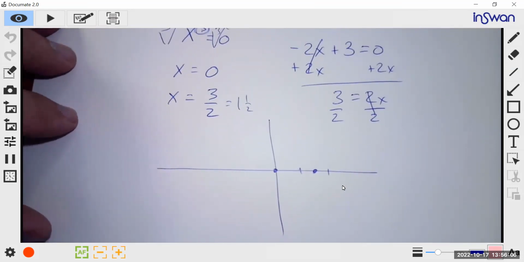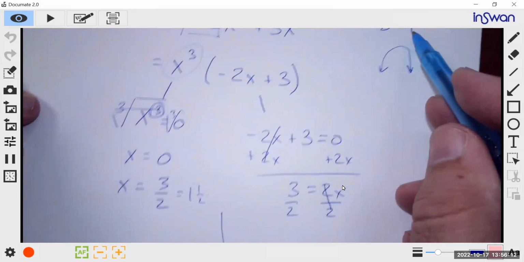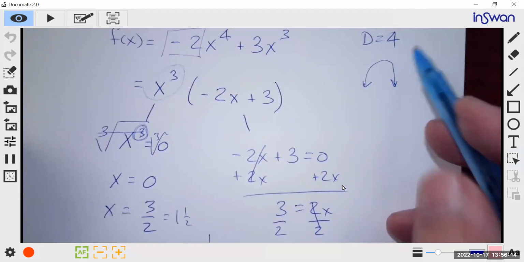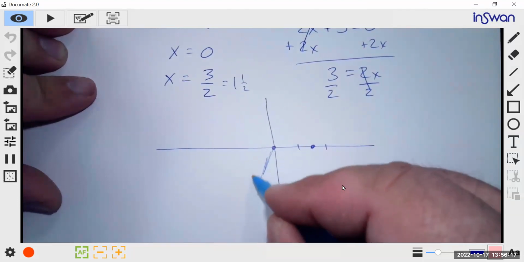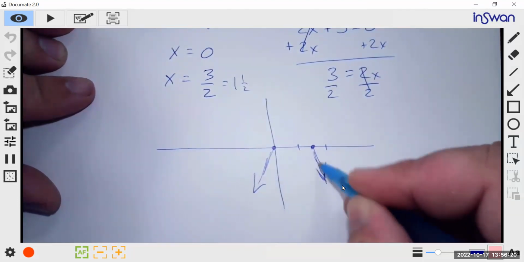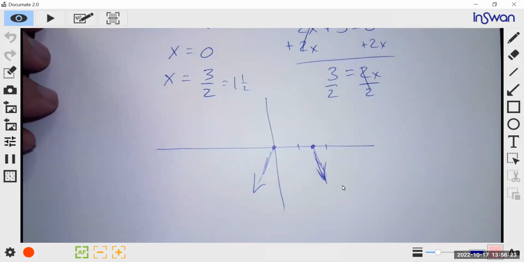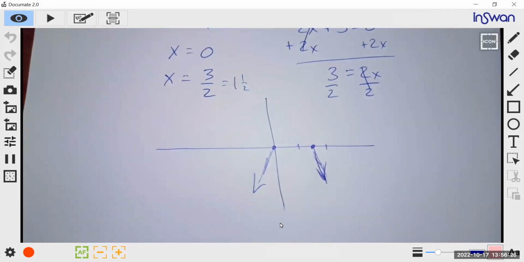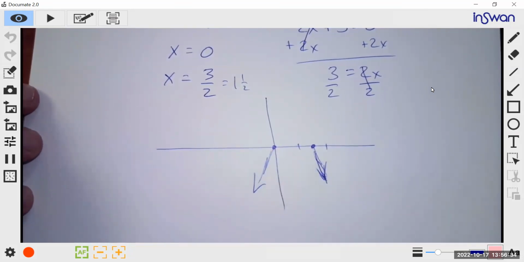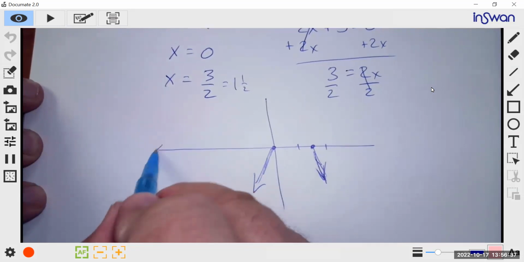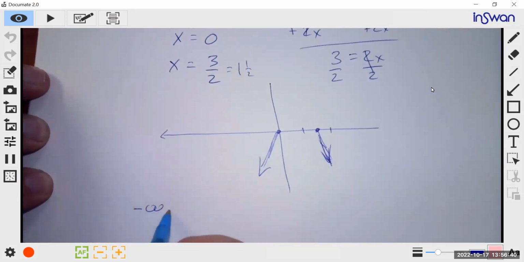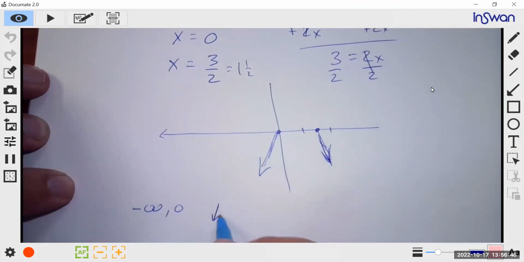What happens at those 2 points? Remember, we know it's degree 4. So both ends have to point the same direction. Because it's negative, they both have to point down. What we have to look at, since we know these intervals, is from negative infinity to 0, the graph will be below the x-axis.